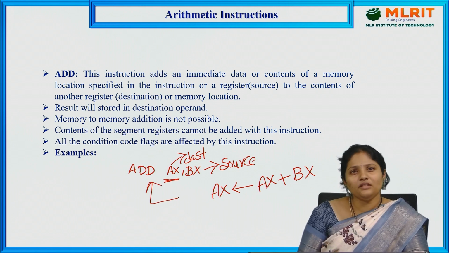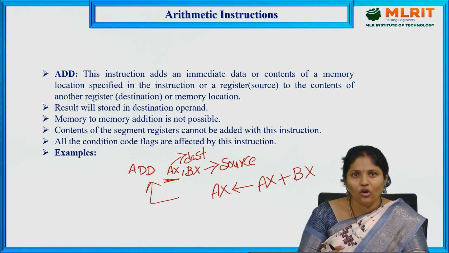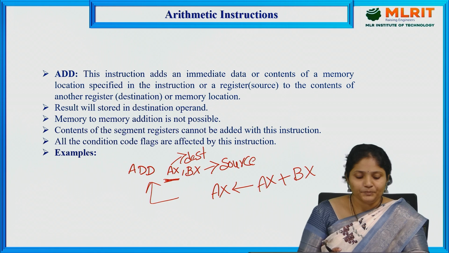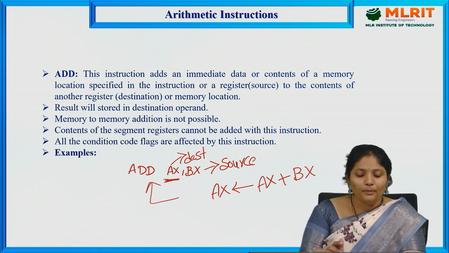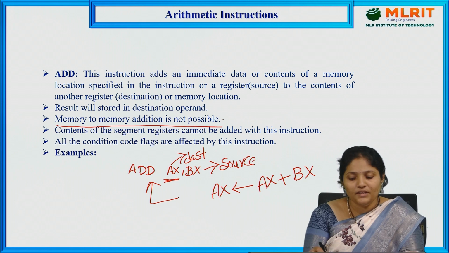The output will always be stored in the destination operand, whether it is memory or a register. While performing addition, memory to memory addition is not supported in the 8086 microprocessor.